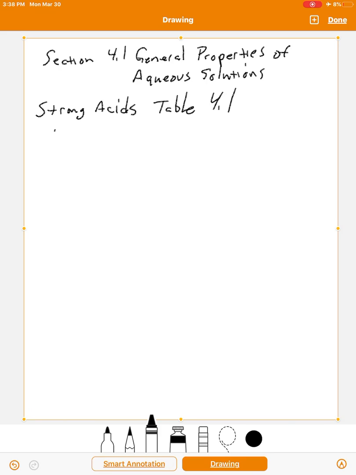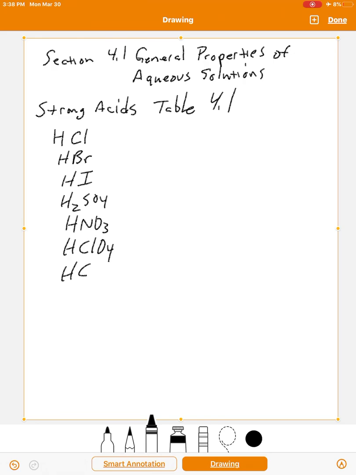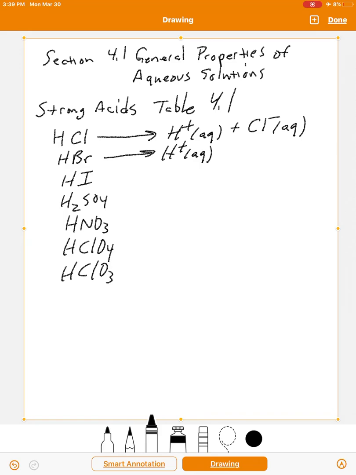There's 7 of them: HCl, HBr, HI, H2SO4, HNO3, HClO4, HClO3. These are all called strong acids. And the reason they're called strong acids is that if you put them into water, the water essentially does to them what it does to an ionic compound. Breaks them up into ions. Does it very well, in fact.